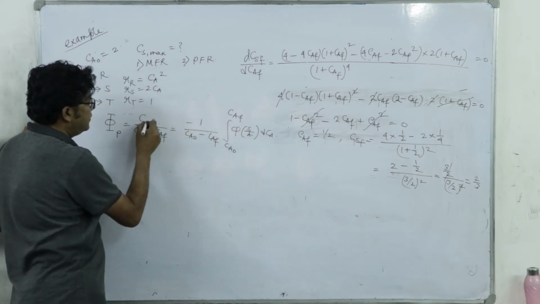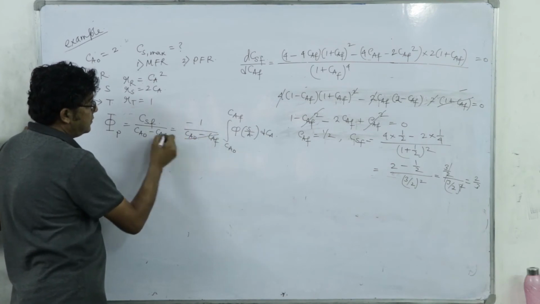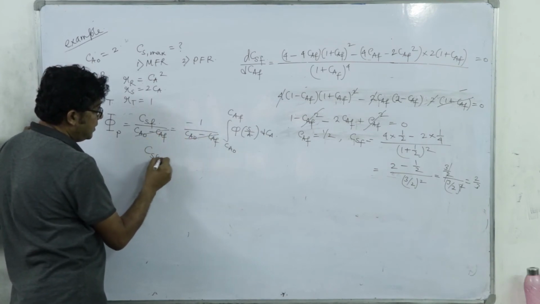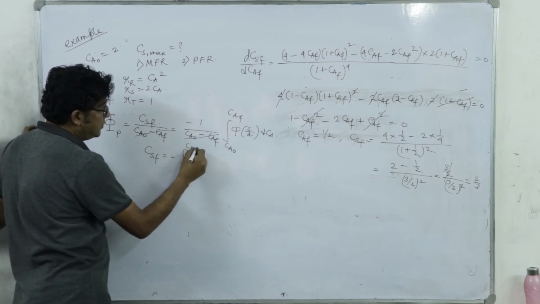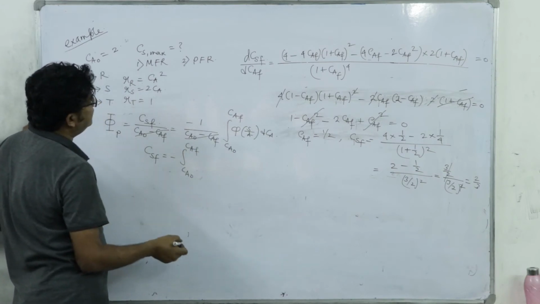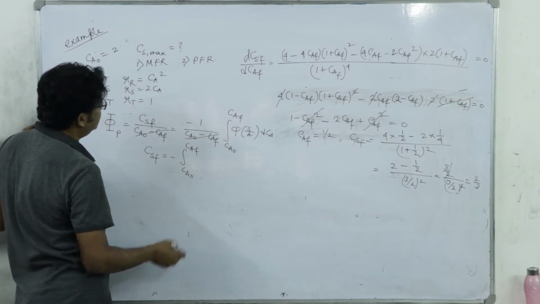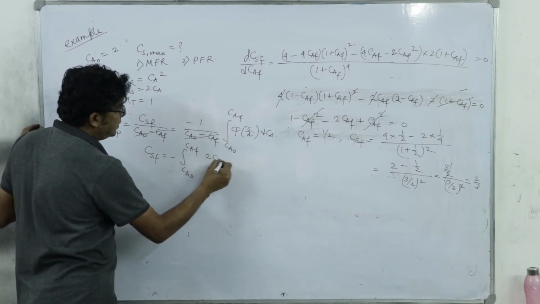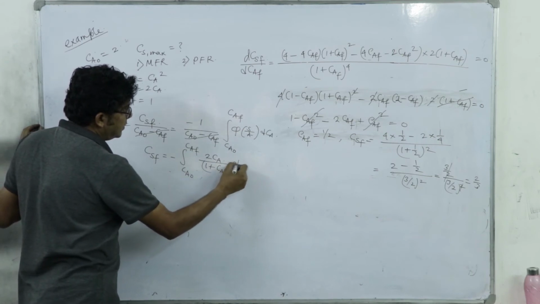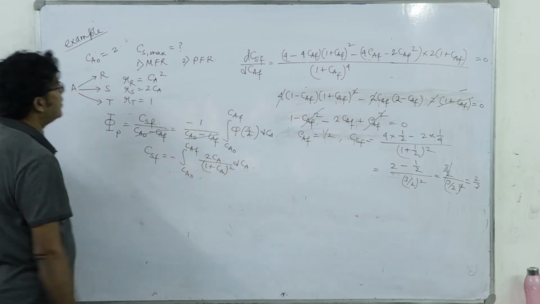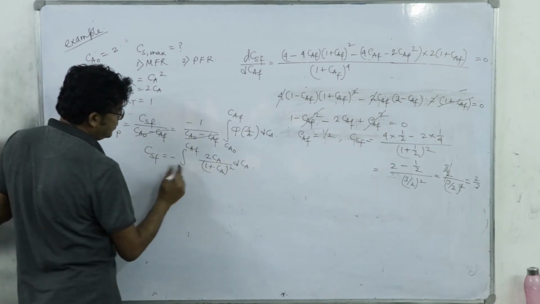So this gives CSF equal to minus the integral from CA0 to CAF of phi dCA, which was 2CA divided by (1 plus CA) whole square dCA, and CA0 is equal to 2.